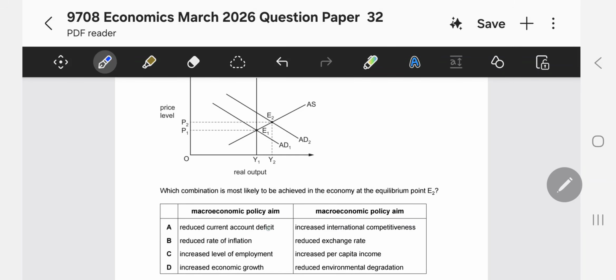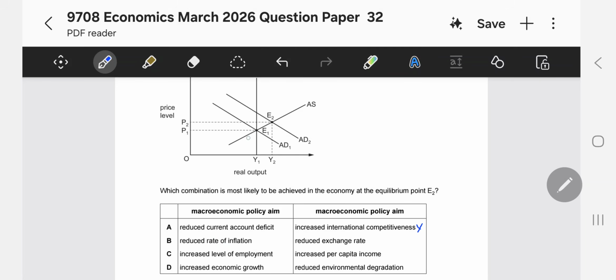Reduced current account deficit. There tends to be a lot of imports when people are employed, when employment increases, imports also tend to increase. And also the prices have increased, so we don't achieve international competitiveness, so that's a problem with that.